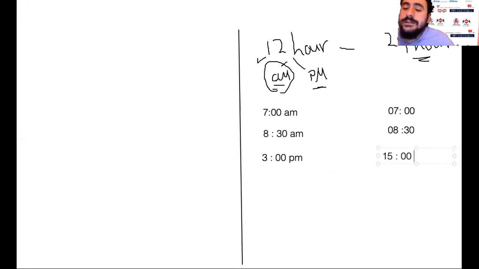Sometimes you look at your phone and you find that the hour is 16, for example, or 15 or 17, and you will not be able to understand this unless you figure out PM in the 24-hour clock. If you want to find PM in the 24-hour clock, you just add 12 to the PM hour, or if it's in the 24-hour clock, just subtract 12.